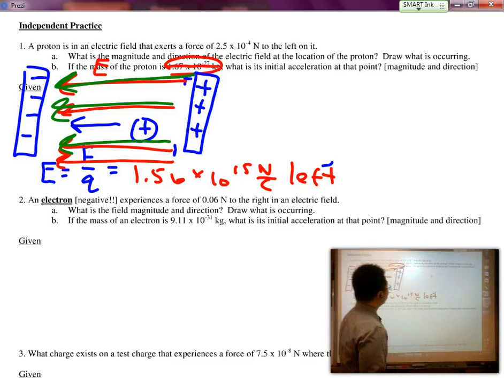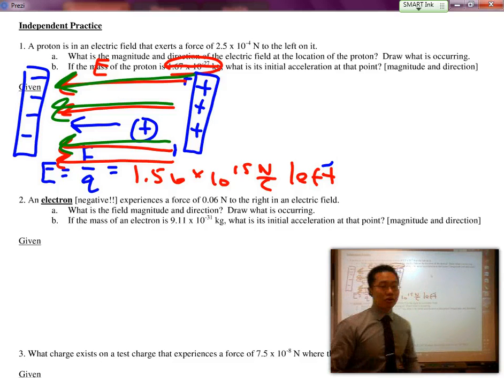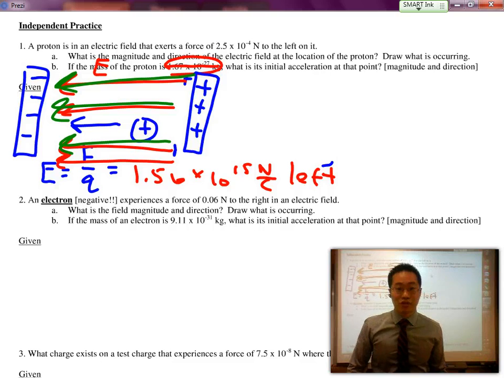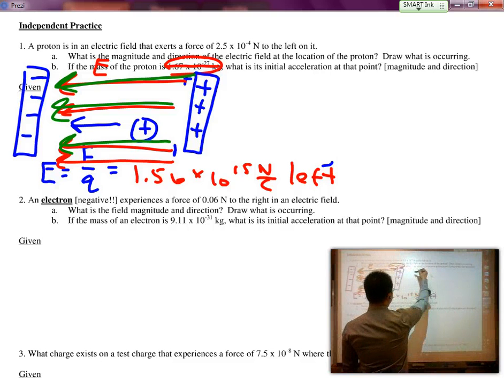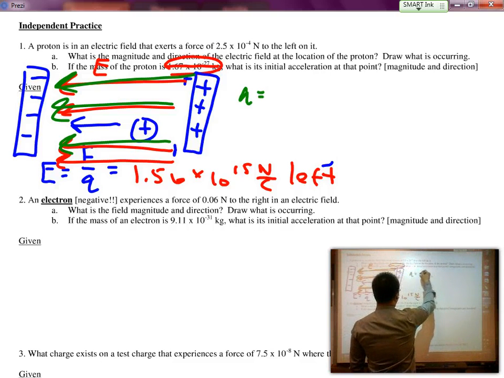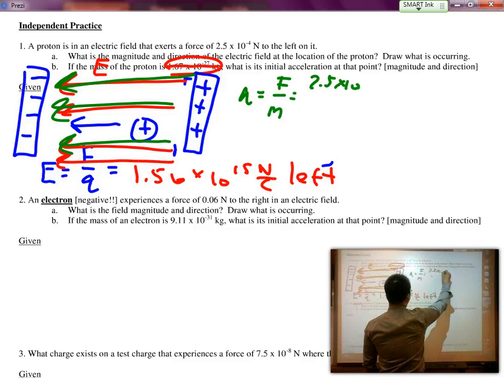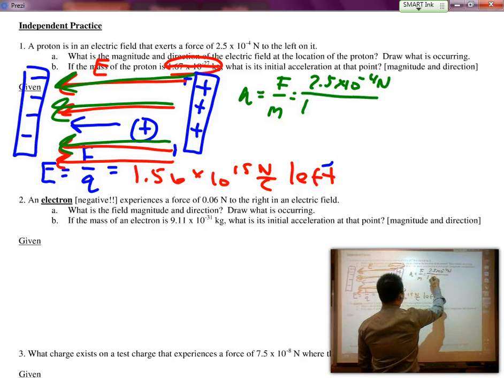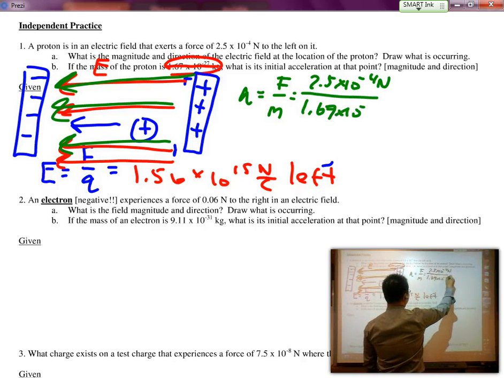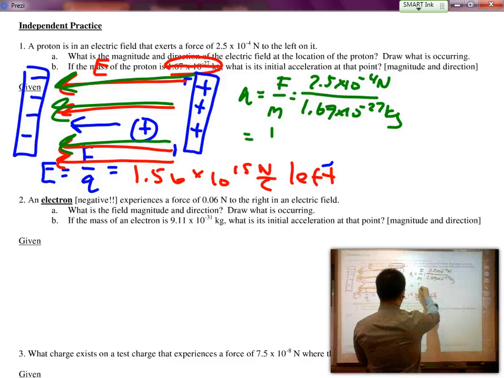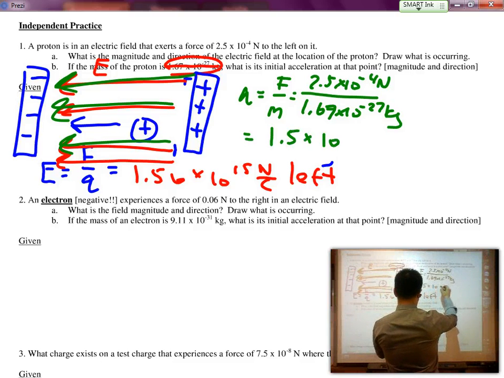Now, because we know the force, we should also be able to solve for the acceleration of the proton. That means acceleration is equal to force divided by mass, 2.5 times 10 to the negative 4 newtons divided by 1.67 times 10 to the negative 27 kilograms, which gives 1.5 times 10 to the 23rd meters per second squared.